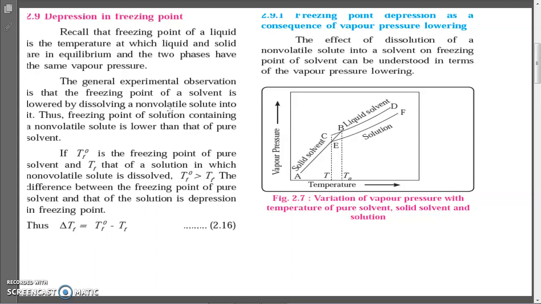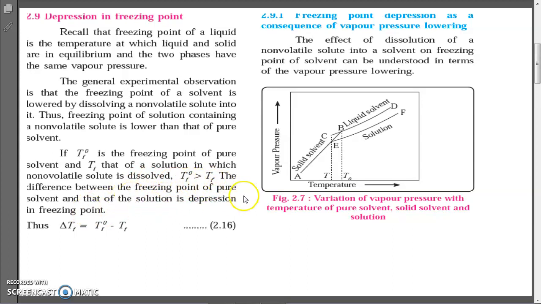So in this depression in freezing point, we can dissolve a non-volatile solute so that the freezing point of that solution can be lowered. Suppose T0F is the freezing point of pure solvent and Tf is that of the solution in which the non-volatile solute is dissolved, and T0F is greater than Tf.